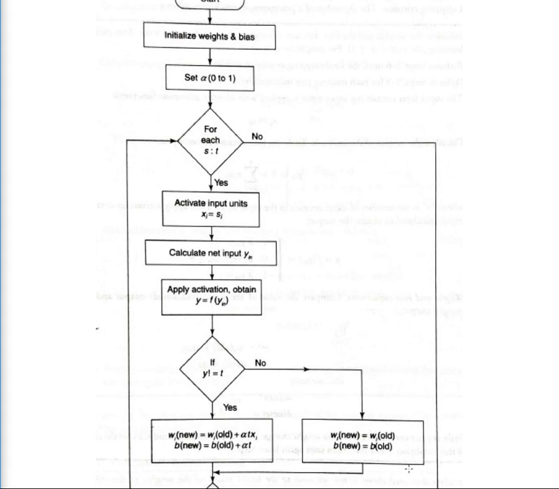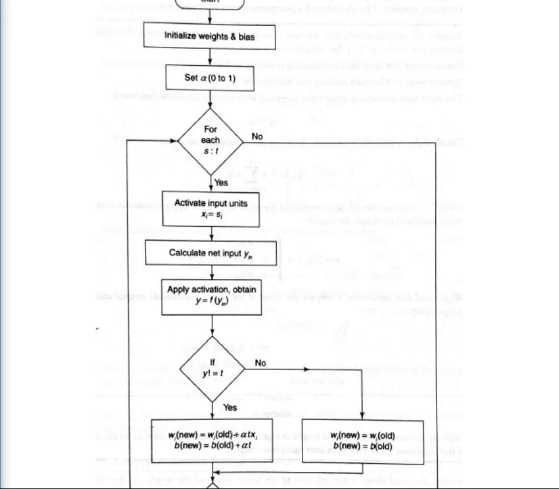Then in that case w new is equal to w old. But if y is not equal to the target t, then the weight has to be readjusted.